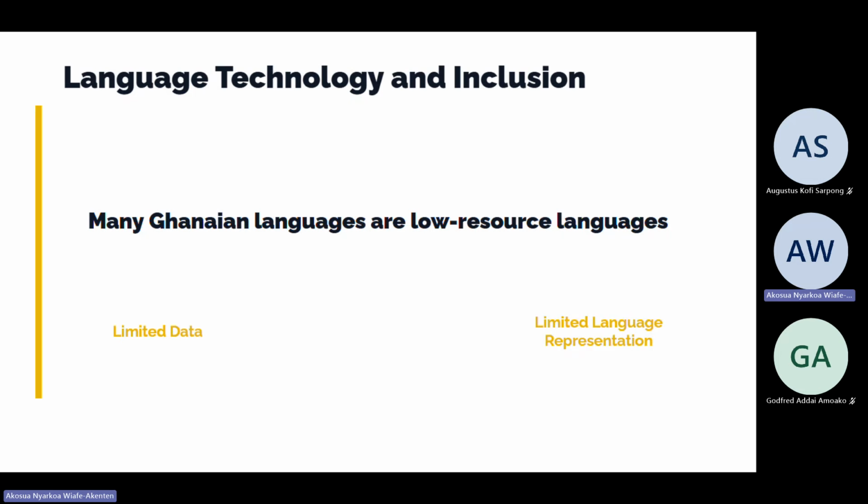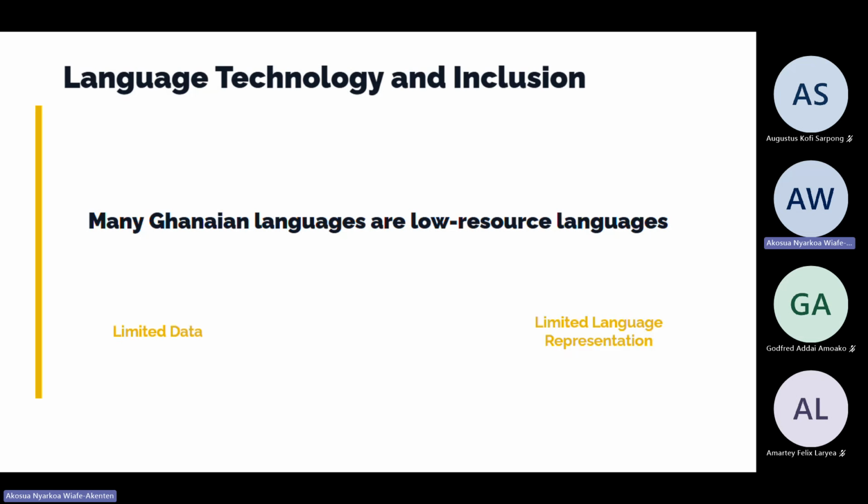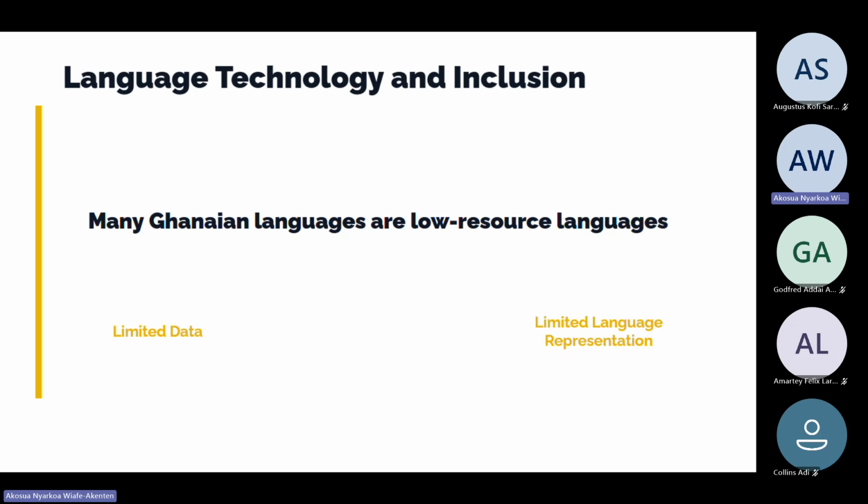Okay. Now, many Ghanaian languages are low resourced, or they are categorized as low resource languages. What we mean by a language being low resourced is that the language has some crucial limitations with regards to language modeling in the digital space. One of the limitations is that there's a scarcity of labeled and unlabeled language data.